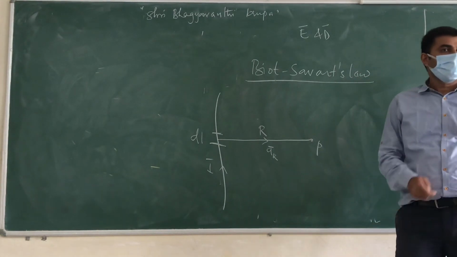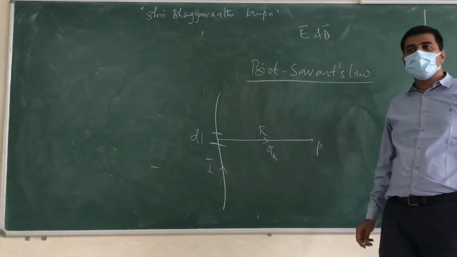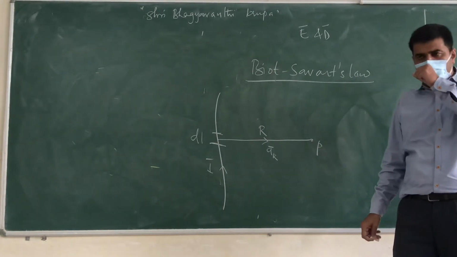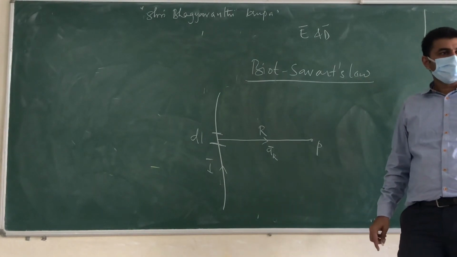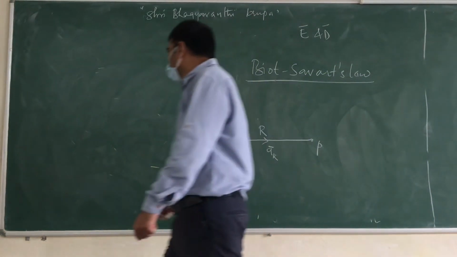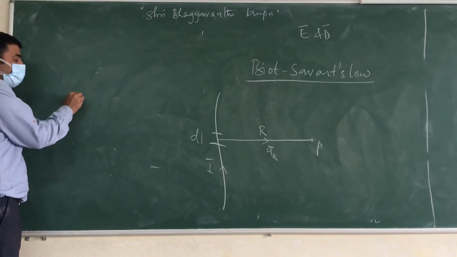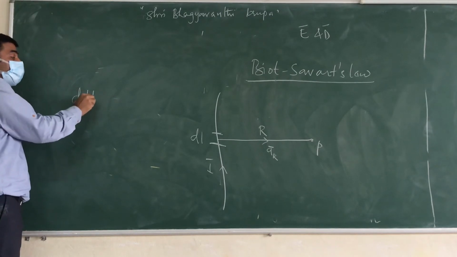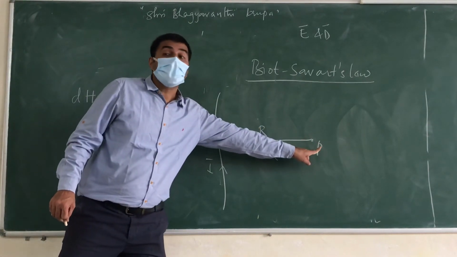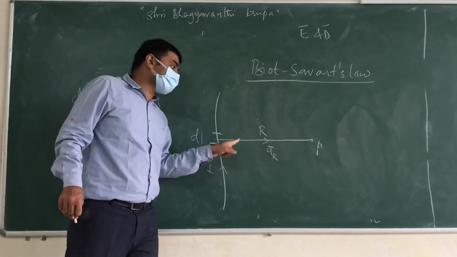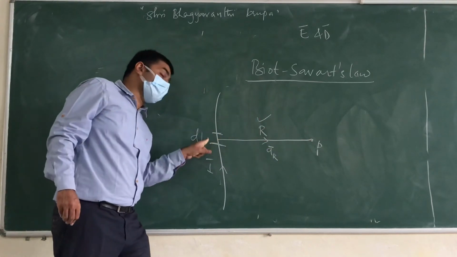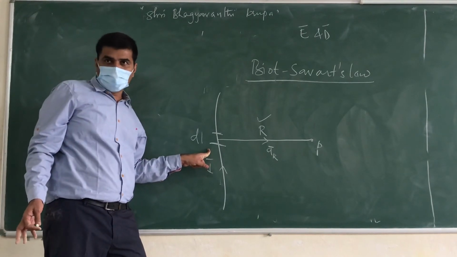Now, let us consider the differential length dl, due to which we find the differential magnetic field intensity dH at point P, which is at a distance R from the differential element. Okay? Full stop.